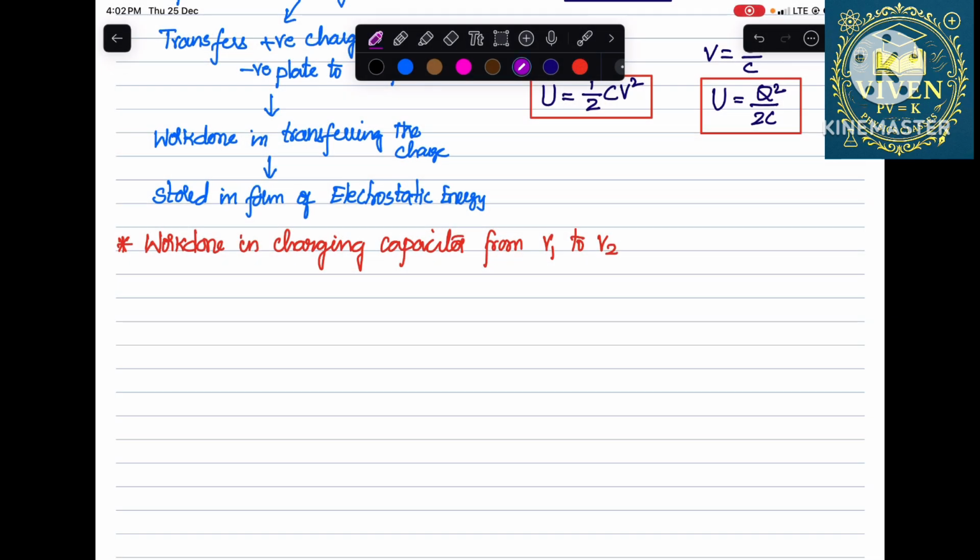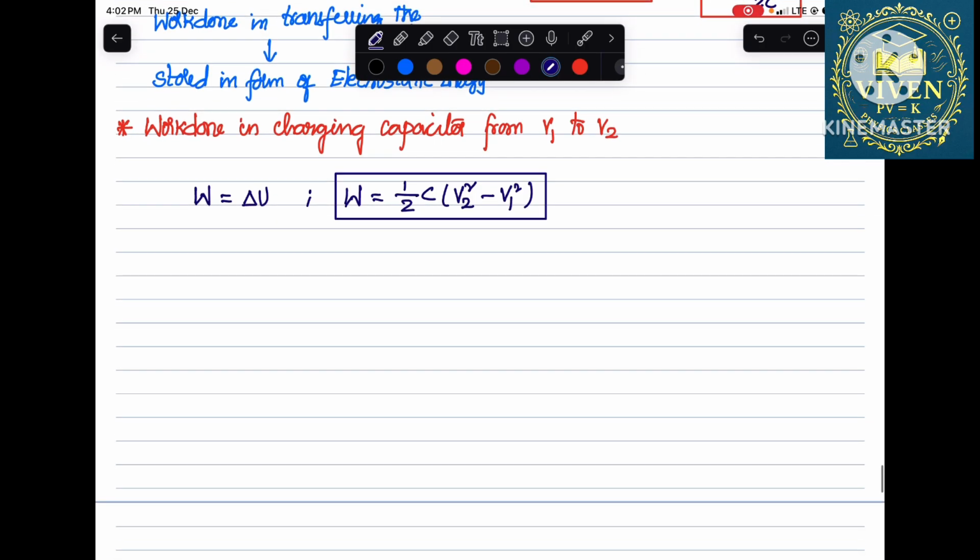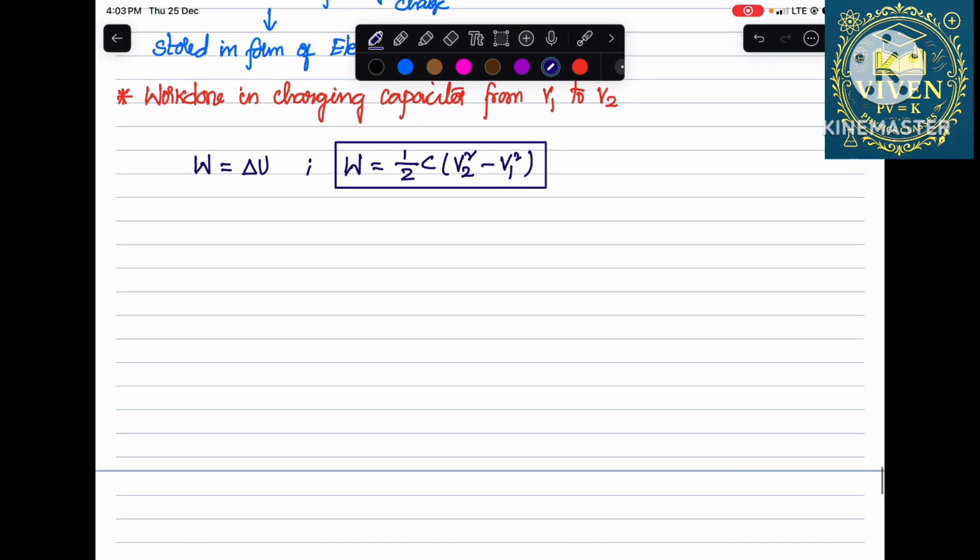For this I can write the formula: work done W is equal to change in the energy stored. Only potential is being changed, so I can use the formula half CV square. So W equals half C into (V2 square minus V1 square). See, it is similar to the work energy theorem: work done is equal to change in kinetic energy. Everywhere it appears, right? The physics is a bit easy, I guess. From all these cases we can see the different forms, and let us learn all those things also.